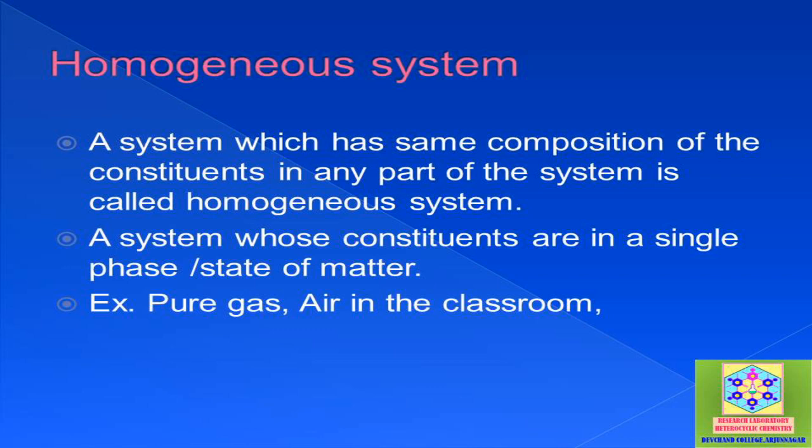For example, pure gas or air in the classroom. Let it be the air near the bottom, ground level, or near the roof of the classroom. It is having the same composition of all the gases present in the air. That is why it is the example of homogeneous system.